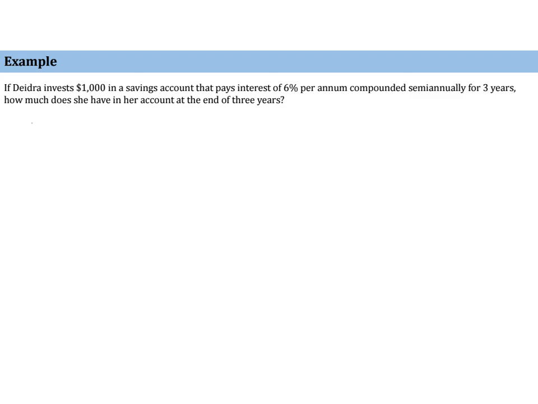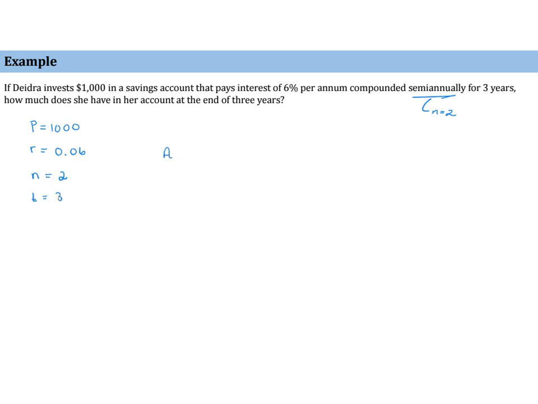So Deidre invests $1,000, so P is 1,000. Our interest rate is 6%, so 0.06. N is the number of times it's compounded per year, so that'd be twice because it's semi-annual. And T is the number of years, so we have 3.